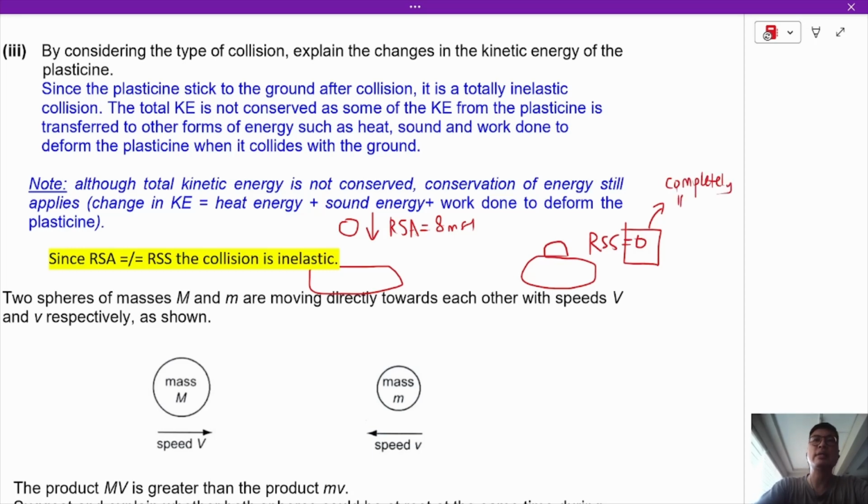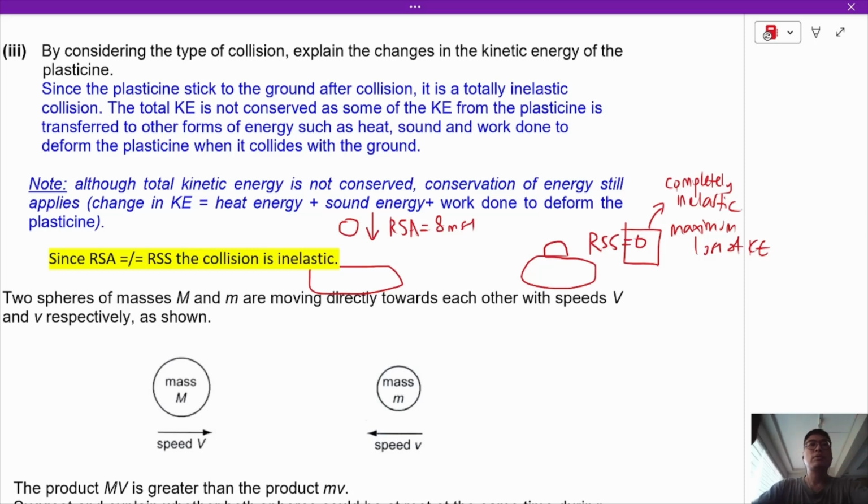Completely inelastic. Now, in a completely inelastic collision, there is the maximum loss of the KE of the system. So what is the energy converted to?